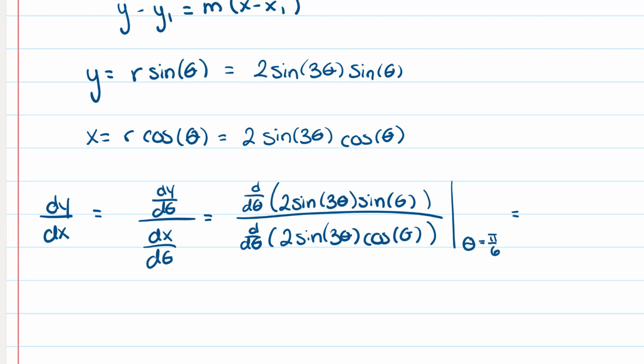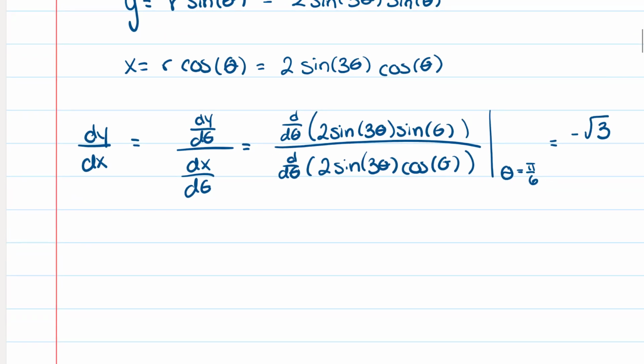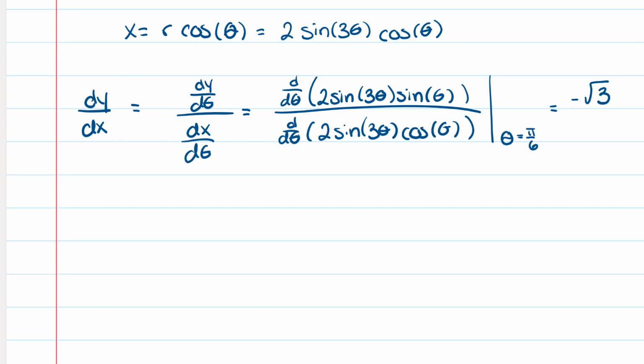This is something that if you put into your calculator, you'll get negative radical 3. But we're going to do it by hand, because these things can come up on a no calculator section of the test. It's kind of like L'Hopital's rule, because you're not doing the quotient rule even though there's a fraction. So we just do them separately. Let's do the numerator part.